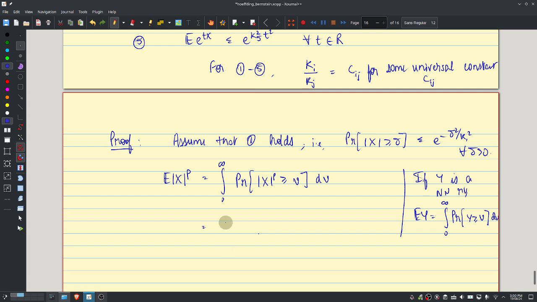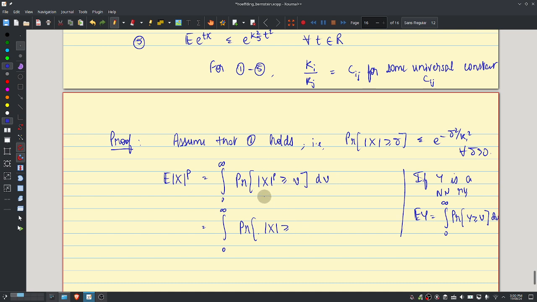So this is also equal to the integral from 0 to infinity of the probability that mod x is greater than or equal to, okay, so let me use a different expression.